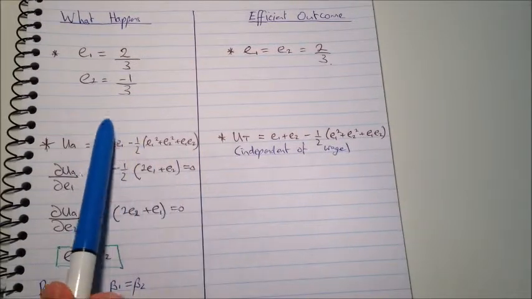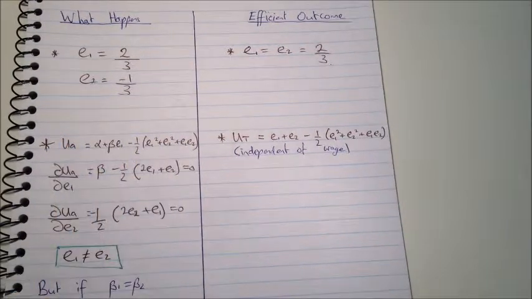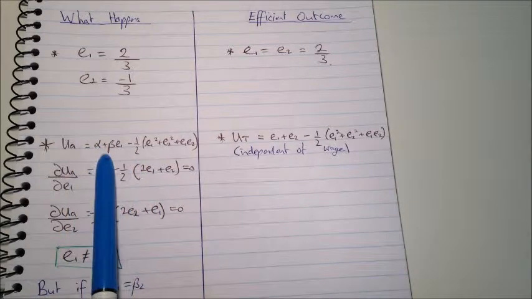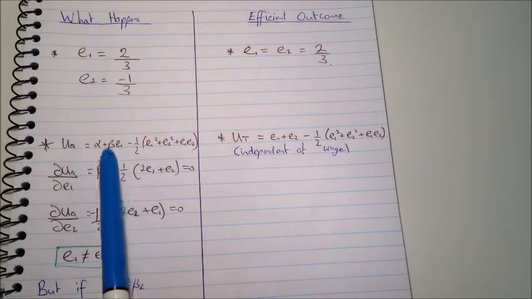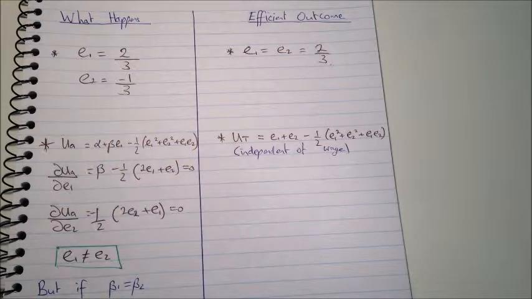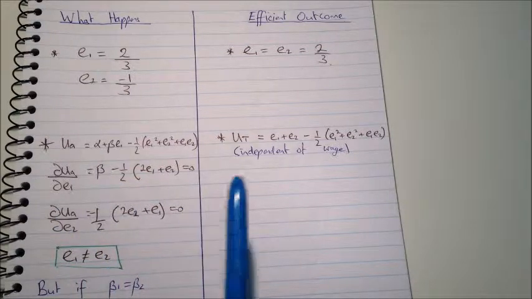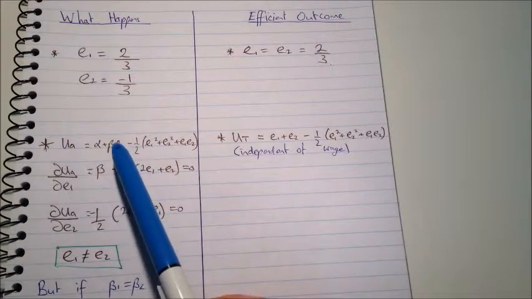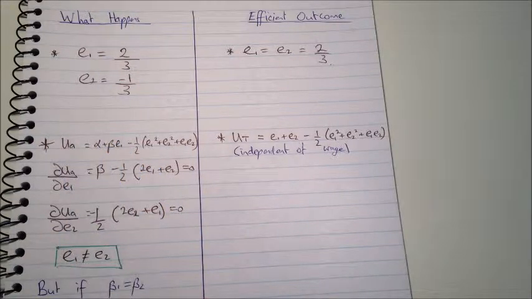Whereas when the agent calculates his effort levels that help him attain a maximum utility level, he does take wage into account, and this wage is in fact independent of the amount of effort he puts into task 2. As a result, we get that effort 1 does not equal effort 2, and in fact he only puts effort into task 1 because he's only rewarded for putting effort into that task.